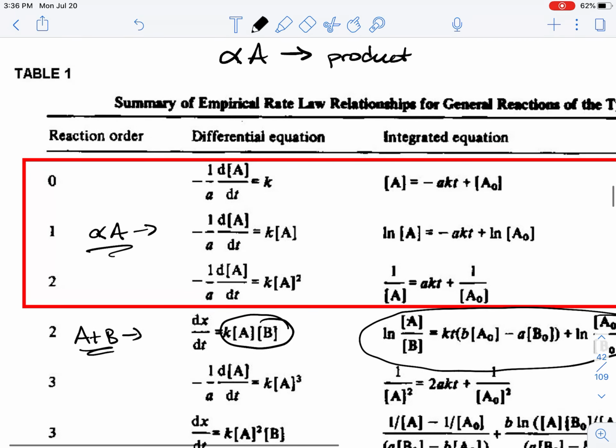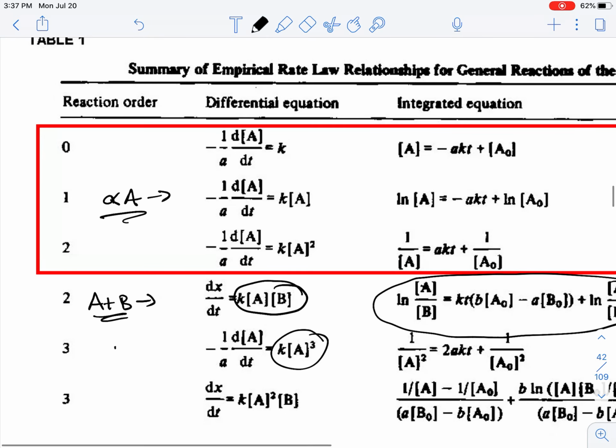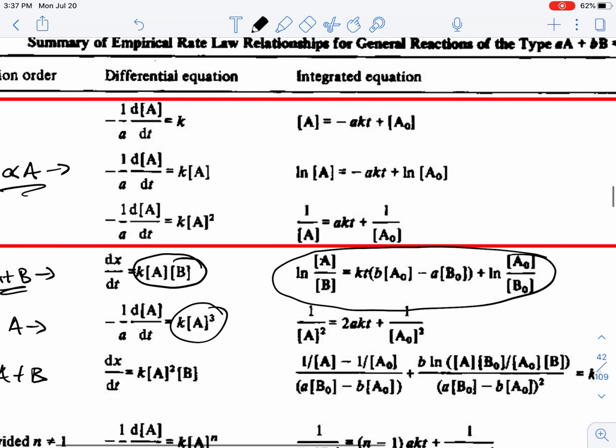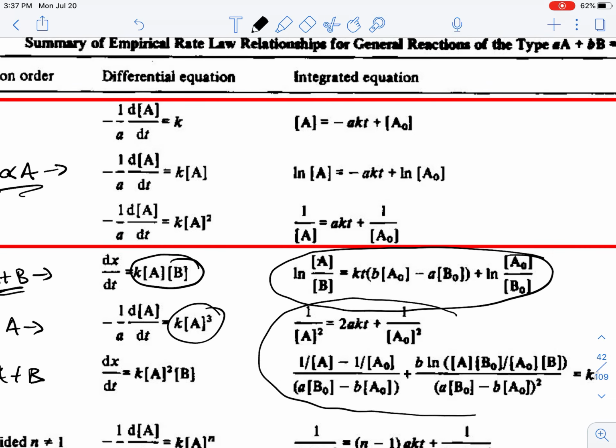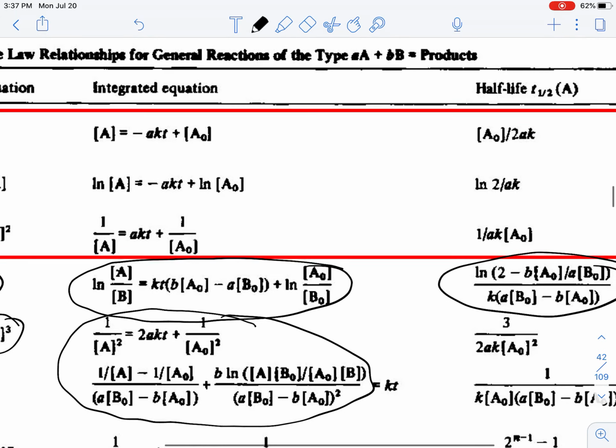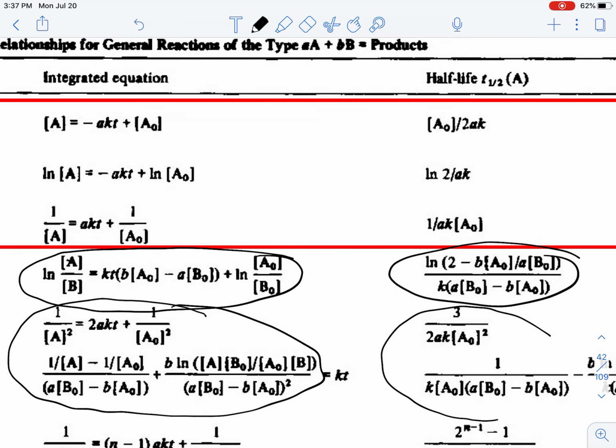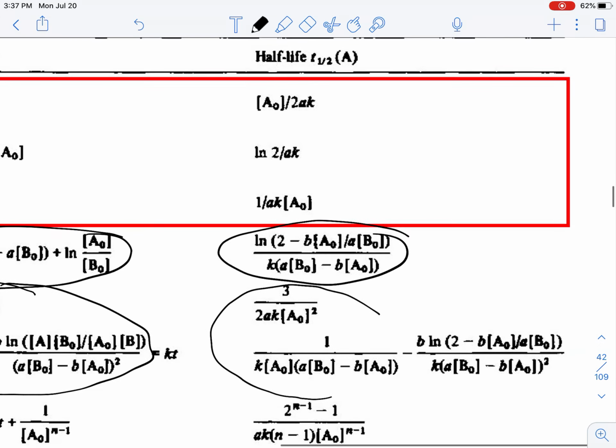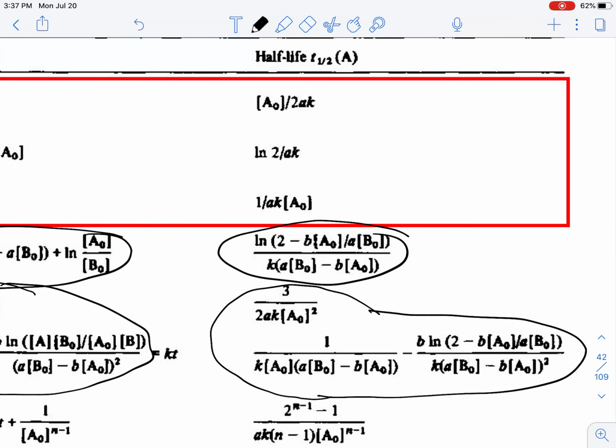If we're talking about third order reactions, whether the equation is just going to be A decomposing, or A plus B. Okay, so I want you guys to look at the integrated rate law equation, and I want you guys to look at the half-lives that are associated with these integrated rate law equations.